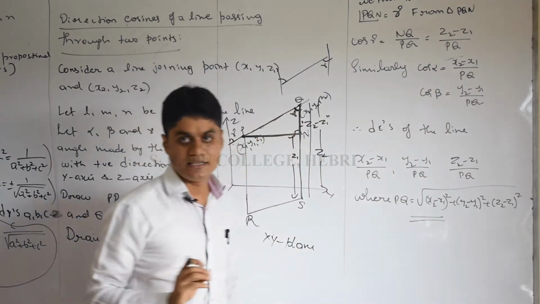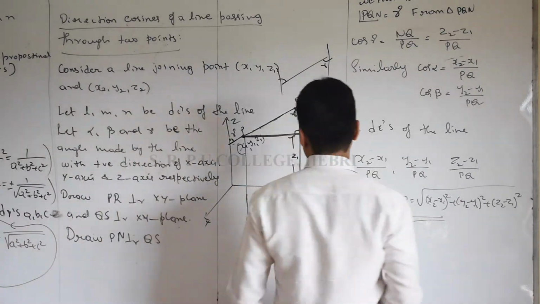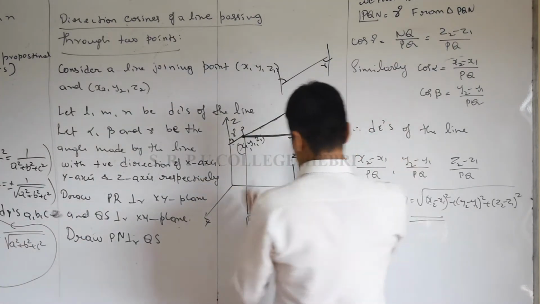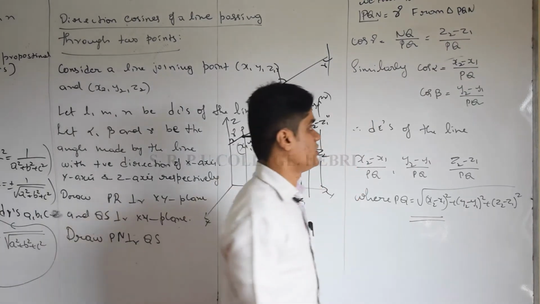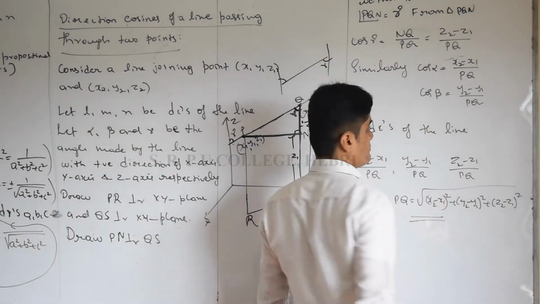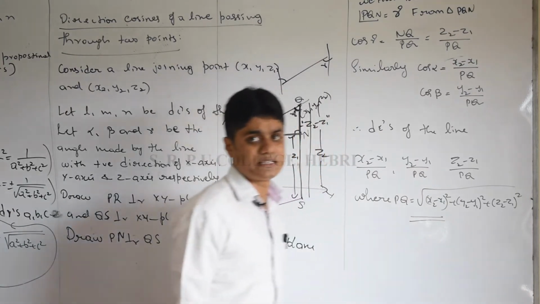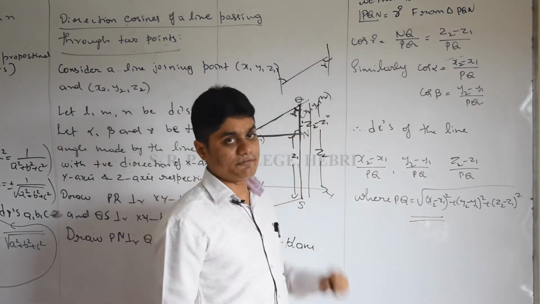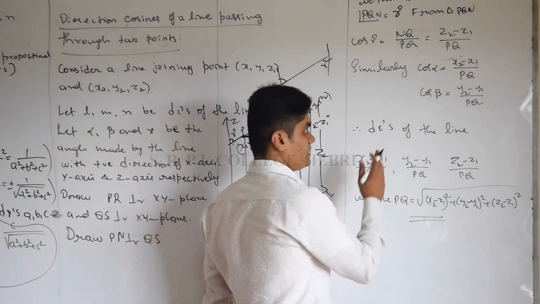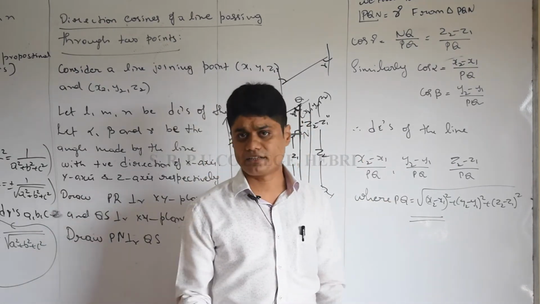Keep PQ as it is. Similarly we can define the others, for that we would need to draw another diagram, but don't worry about that. Directly you can write similarly cos alpha is equal to x2 minus x1 by PQ, cos beta is equal to y2 minus y1 by PQ. So cos alpha, cos beta, cos gamma are the direction cosines of the line.